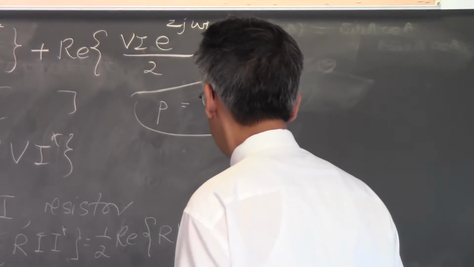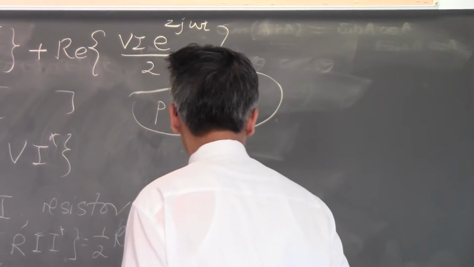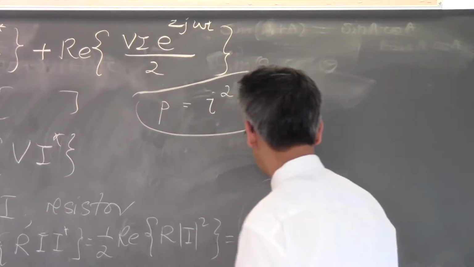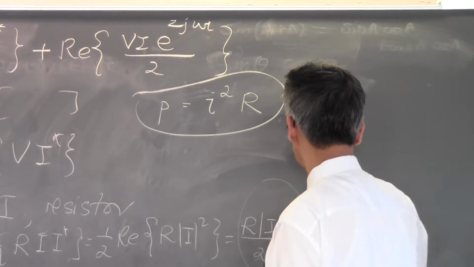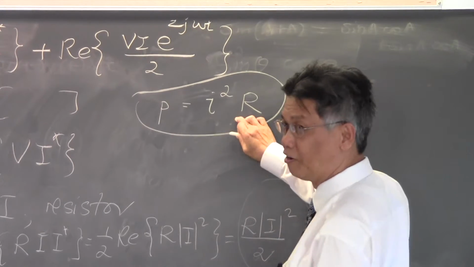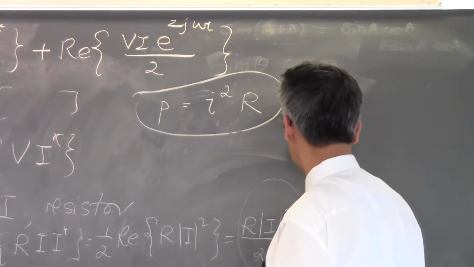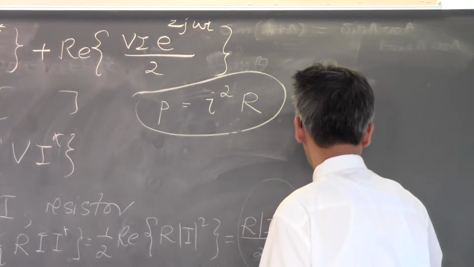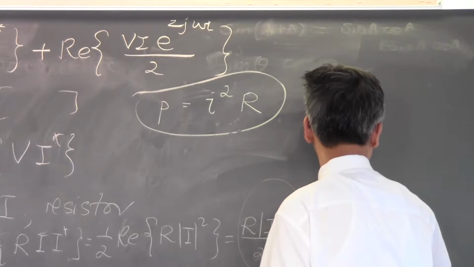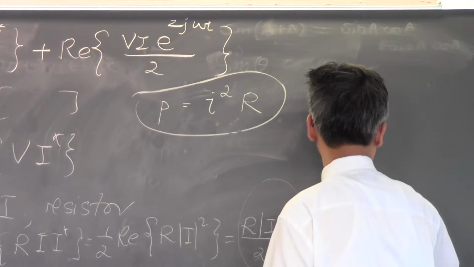So what is important to remember is that this can also be written like that formula you have learned previously, in terms of R times I root mean square squared.